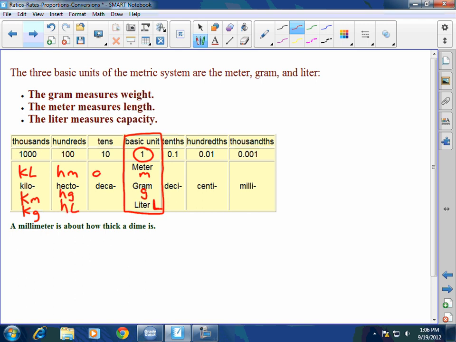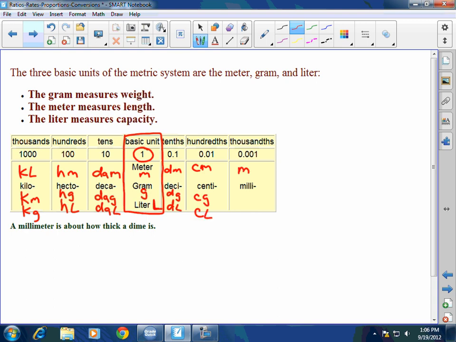Deca. DA. Decameter, decagram, decaliter. Meter, gram, liter, it's one whole. Deci, decimeter, decigram, deciliter. Centi, centimeter, centigram, centiliter.